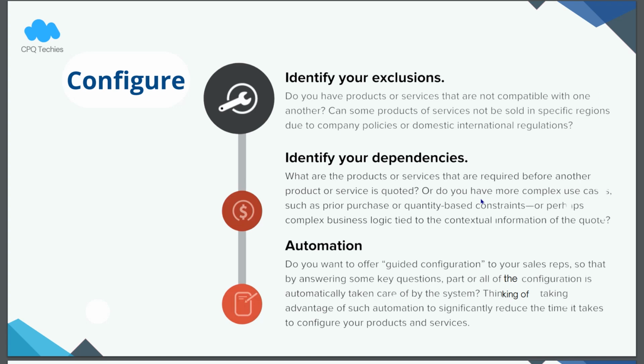The second is to identify our dependencies. What is the business logic the customer is asking for? For example, there may be a dependency on the quantity of a product. When the sales rep sells the product to the customer, it should be sold in a desired quantity.